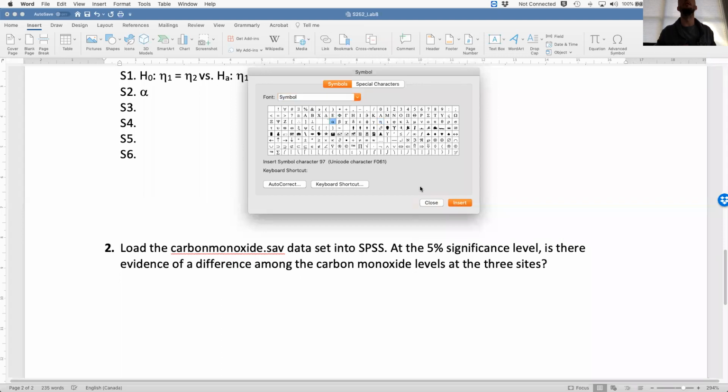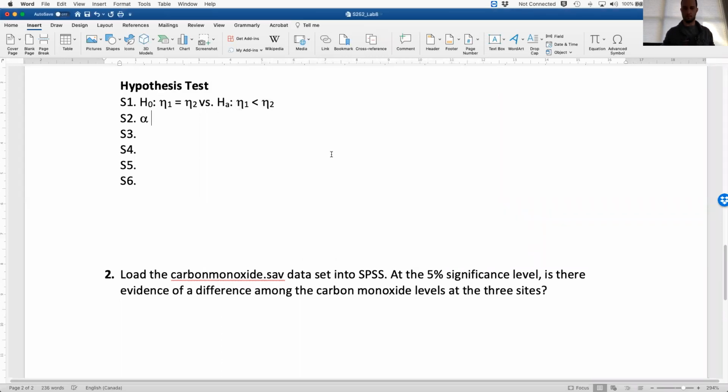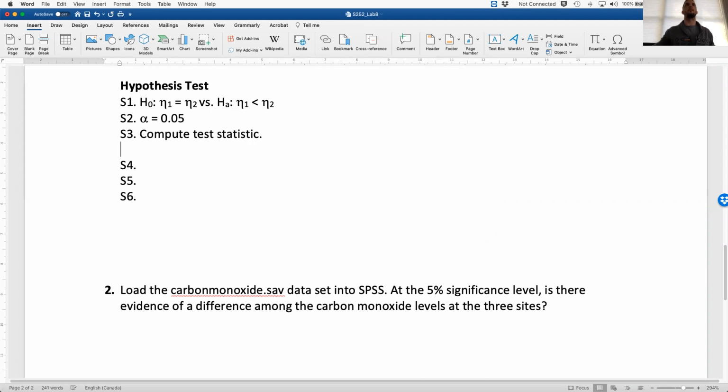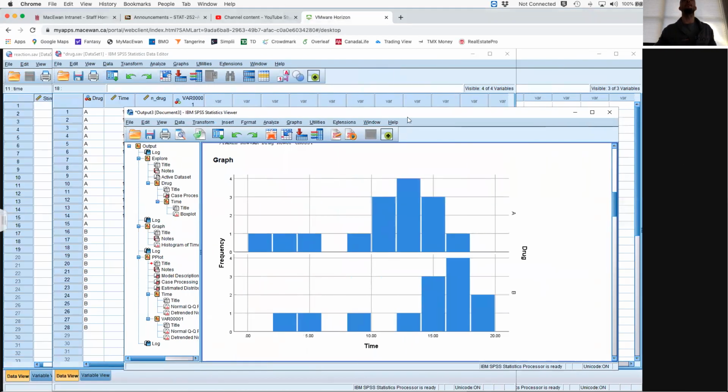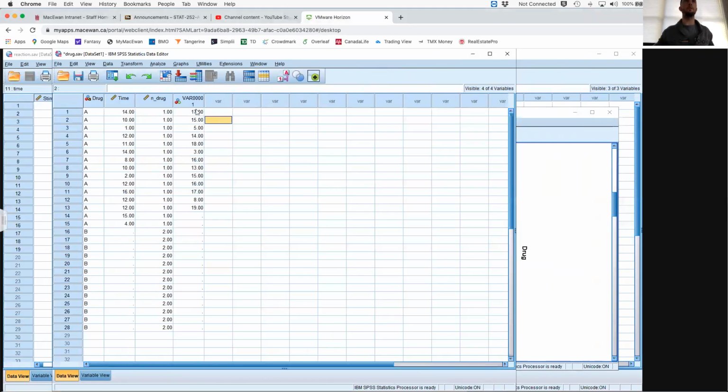All right. Now in step 3, we have compute test statistic. Okay, so to do this in SPSS, we need to put our data back together first and foremost.